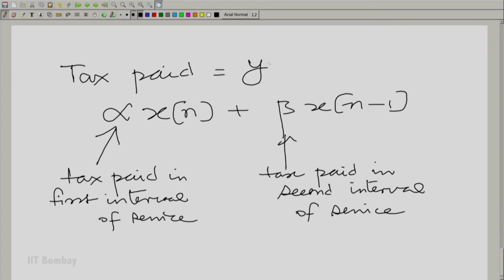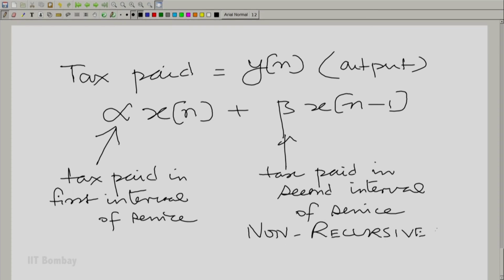Let the tax paid be the output here of the system. And whereupon we have what is called a non-recursive system here. Here the output does not depend on its own past, it only depends on the input and prior inputs.